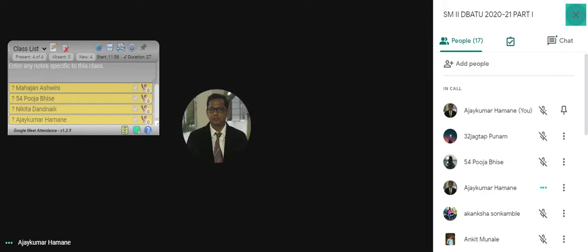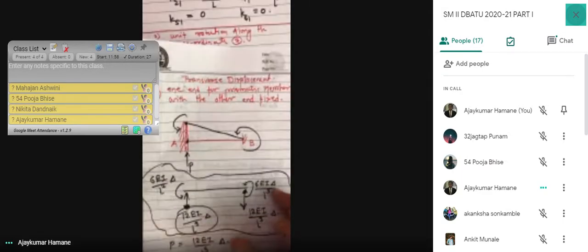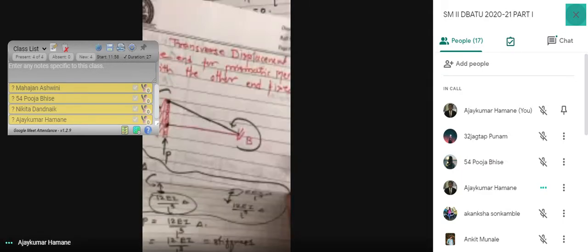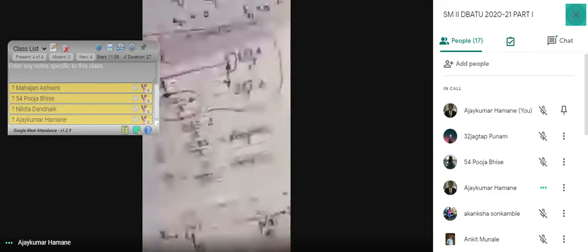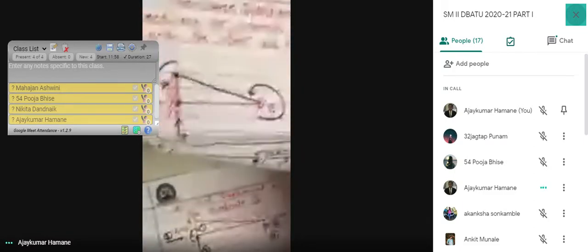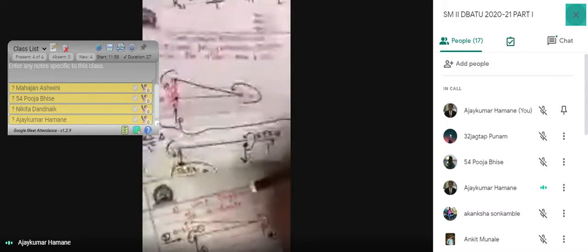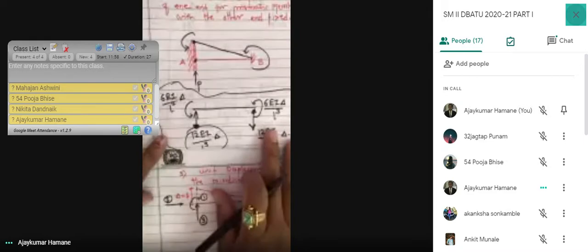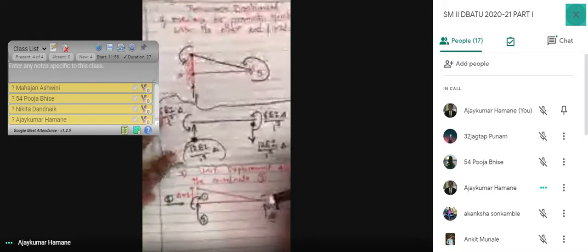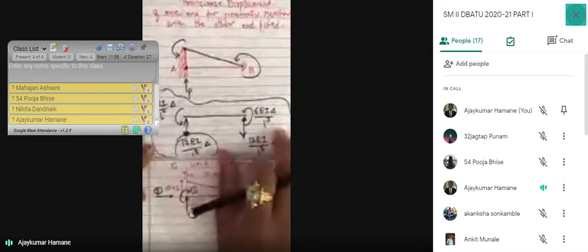See here, this diagram. Correct? See here, we have already seen this one.